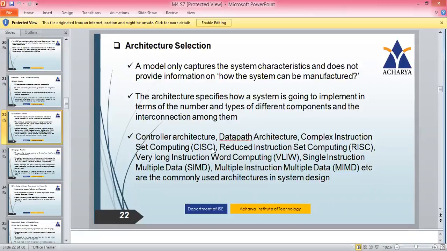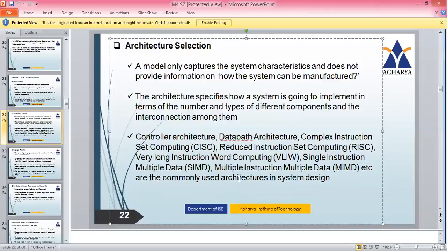Some of the architectures that we see here are controller architecture, data path architecture, complex instruction set computing, which is also an architecture we have seen, with its own features. Reduced instruction set architecture, this also we have seen in case of ARM microcontrollers and microprocessors, which follow different architectures.